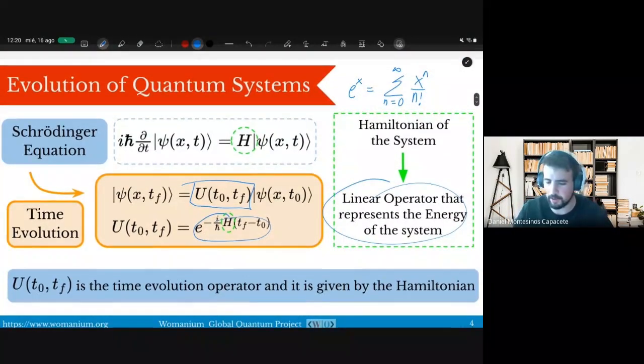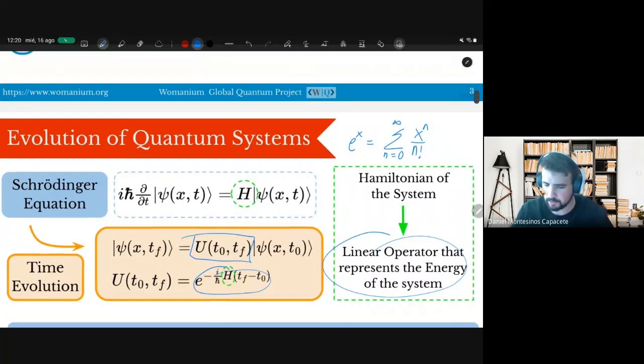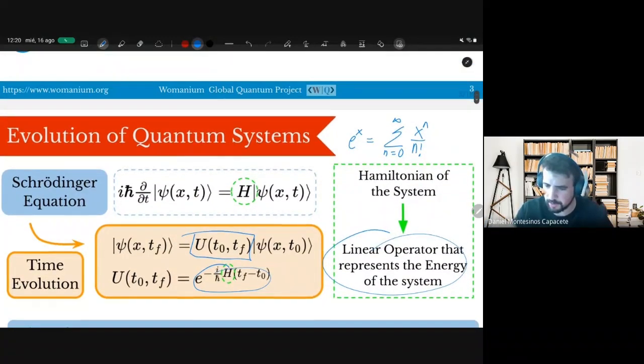If we write our exponential in this way, we will just take the operator here. This is the imaginary unit. This is a physical constant called h bar, right? It also appears here, the h bar. This is the imaginary unit. So these are just numbers, and this is time. So this is just a linear operator multiplied by certain numbers and the imaginary unit.